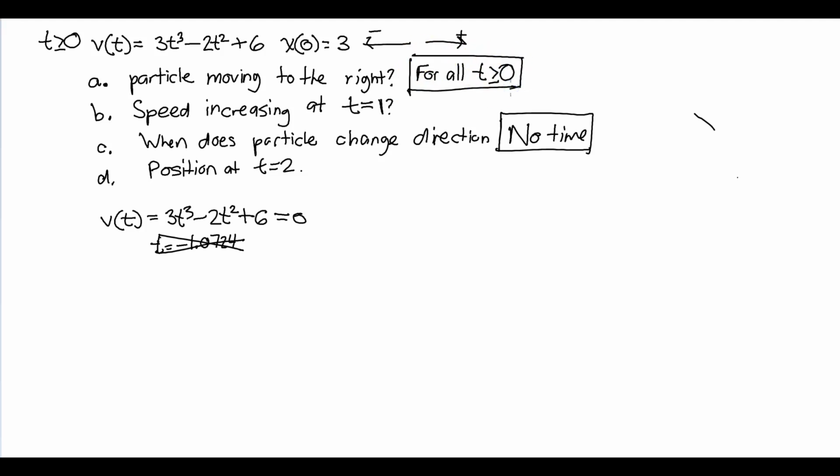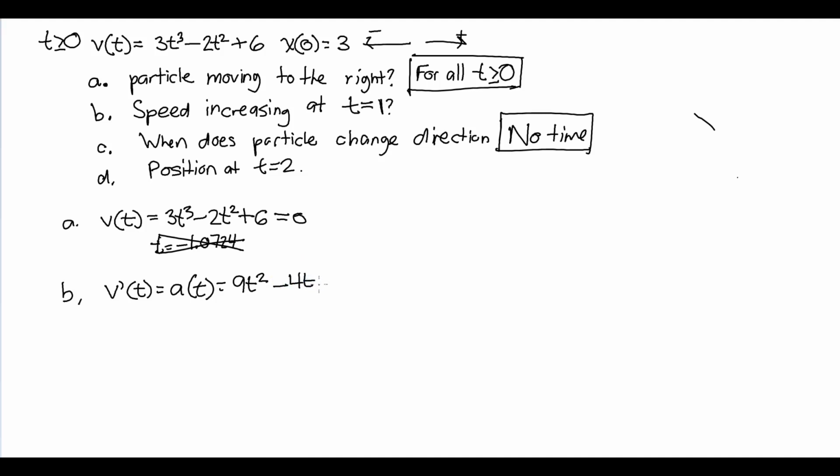So is the speed increasing at time t equals 1? And usually this becomes a trick question. Let's find v prime of t, which is equal to a of t, or acceleration. If we take the derivative of velocity, we get 9t squared minus 4t.